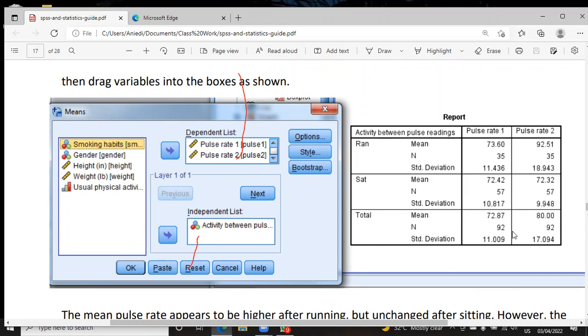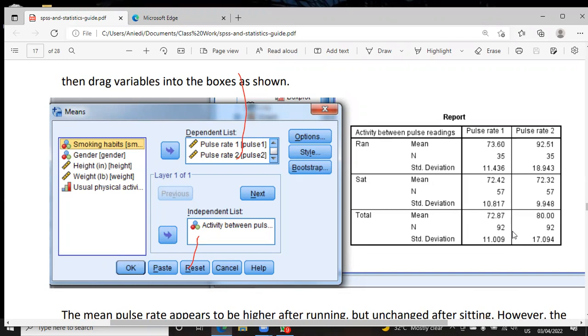The reason they are going to apply the paired t-test is that they are going to look at the pulse rate given the first condition and the pulse rate given the other condition. Yes, sir. In such a case, that is the reason they are applying the paired t-test.